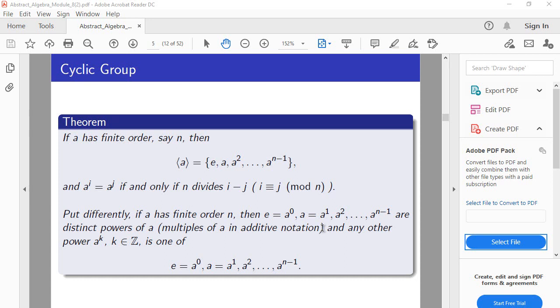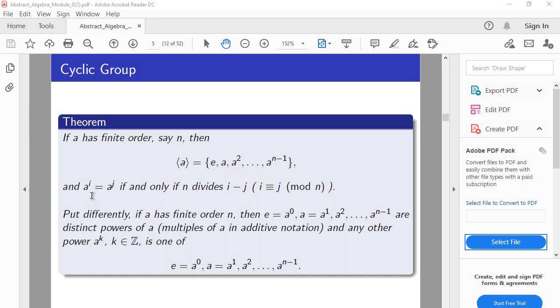Let's look at the following theorem. If A has a finite order n, then the subgroup generated by A contains n distinct elements: e, a, a squared, ..., a to the n minus 1.